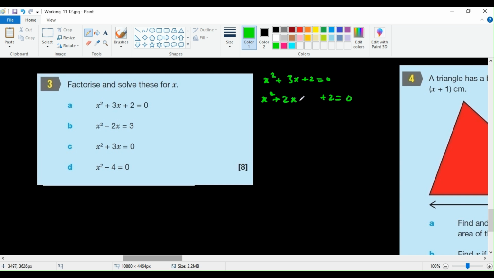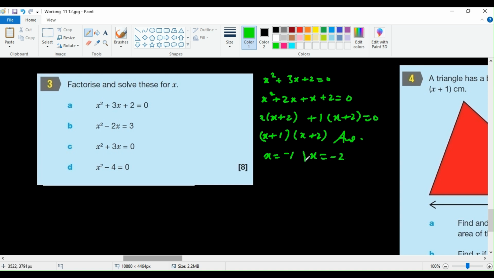So 2x and plus 1x is going to give us 3x. So x and x plus 2 comes in the first bracket. X plus 2 equals 0 and plus 1. So x plus 1 comes in the first bracket, and x plus 2 comes in the second bracket. So these are the two factors. And solve for x, that means x equals -1 and x equals -2.